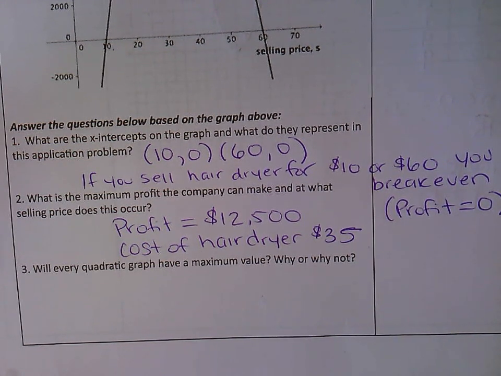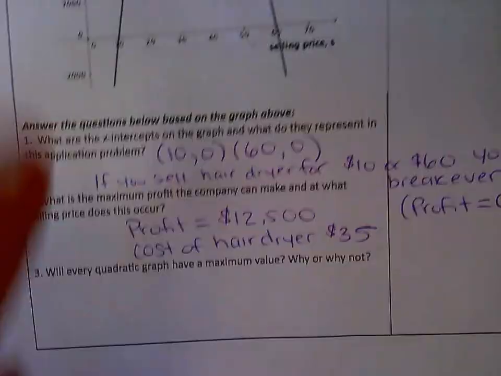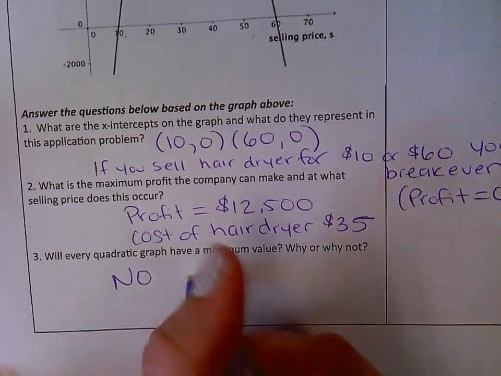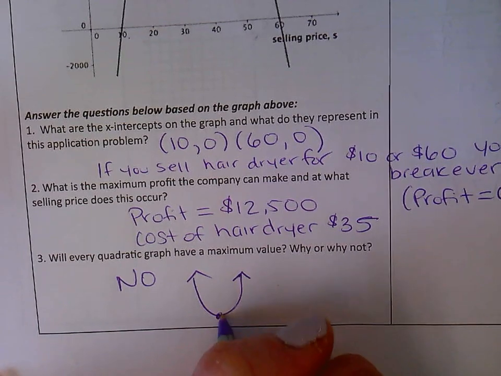And it says, will every quadratic graph have a maximum value? Why or why not? This happens to be a quadratic, and it had a maximum value. But what about some of the other ones that we've graphed? I'm going to say no, because some of them would have a minimum.